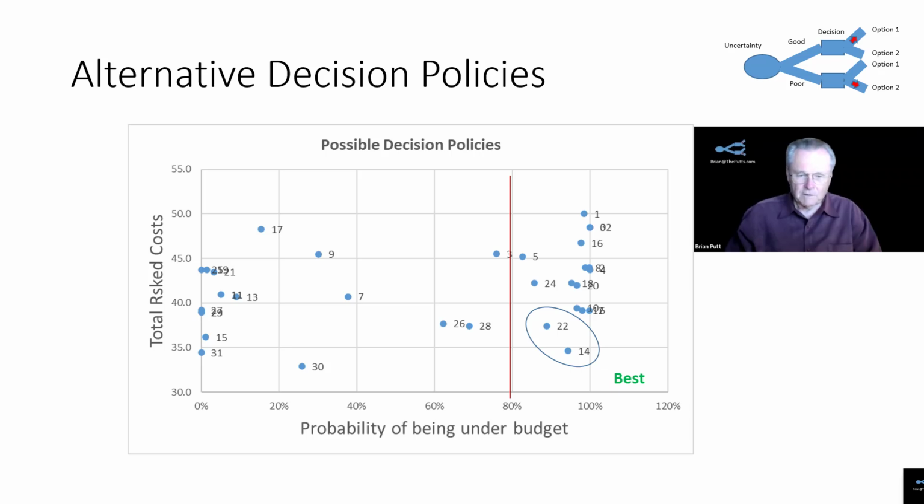As it turns out, 22 and 14 are the best alternatives. Strategy 3 could be a possibility based on the 80% criteria if we just lowered this red line a little bit. However, why would we want to do that? These two alternatives already have a better budget and they have a lower cost. So this is inferior to these two, clearly.